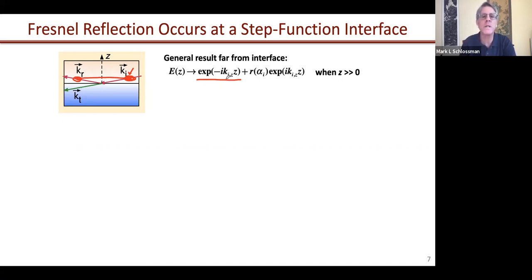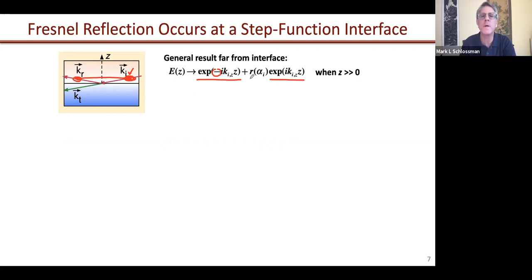So this is representing the z variation of the wave that's coming in, the incident wave. And then for the reflected wave, I have a similar z variation, except in the incident wave, there was a minus sign here that indicates that the wave is going down in the negative z direction. That minus sign is missing here because the reflected wave is going up in the positive z direction.